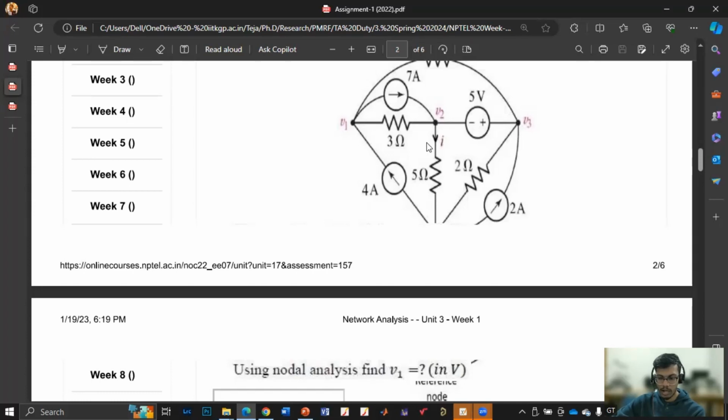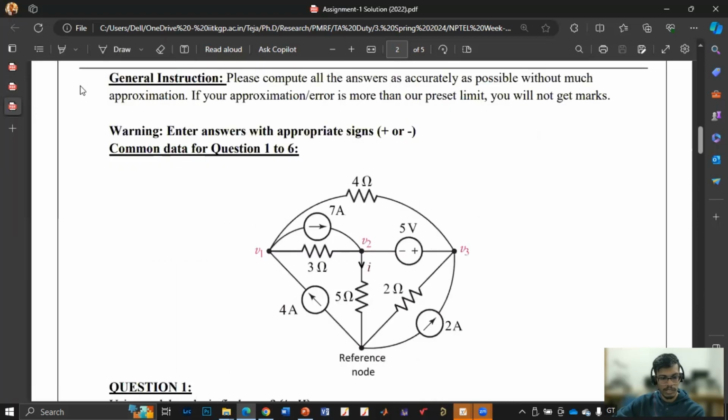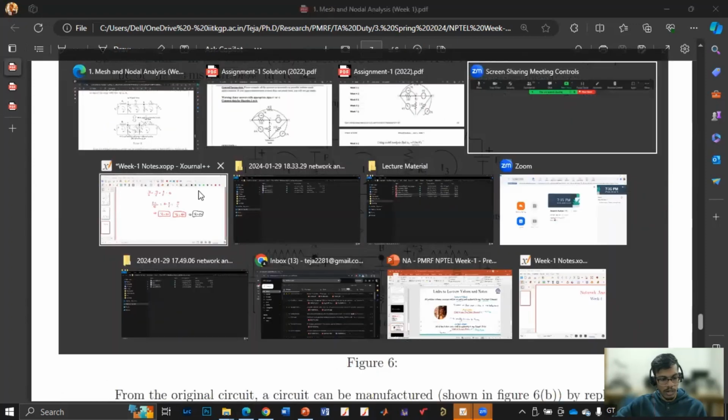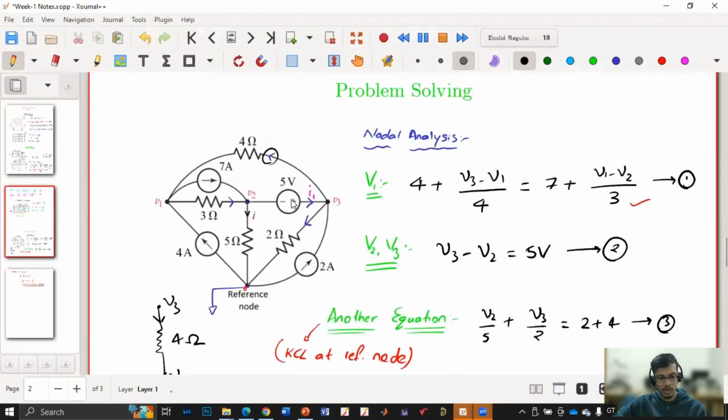And also, I did not teach it because the tendency to make mistakes in nodal analysis is more compared to mesh analysis. Because in nodal analysis, once we assume the currents, we have to follow that current convention. And if you mess up writing this equation, then you will end up getting a wrong result.